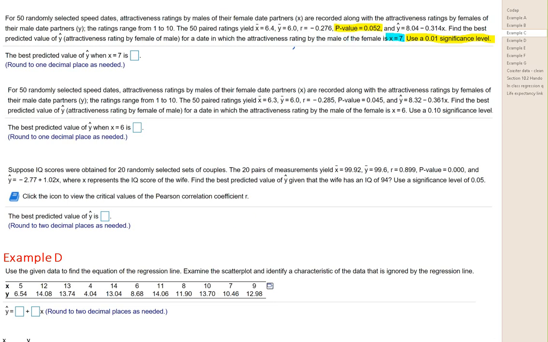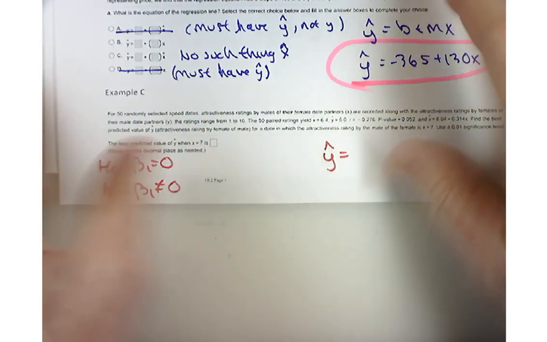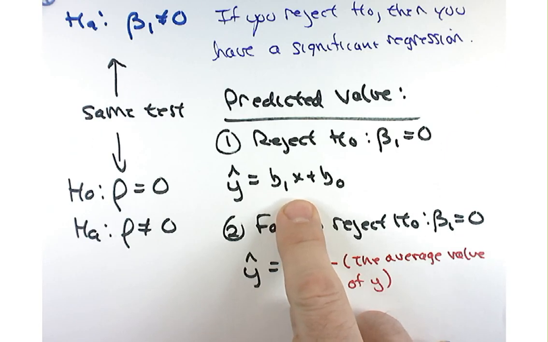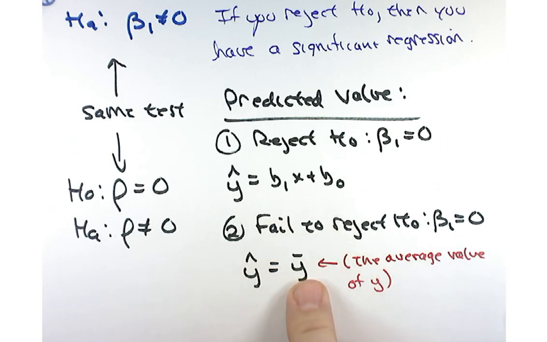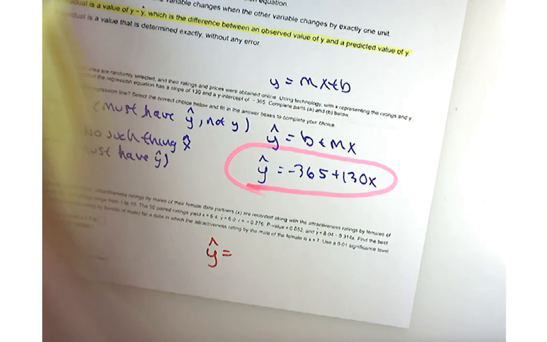But before we get there, we've got to decide, well, which one are we going to do? Are we going to be using this model after we reject H naught, or this model after we fail to reject H naught? To answer that question, we've got to look at some of the numbers here.